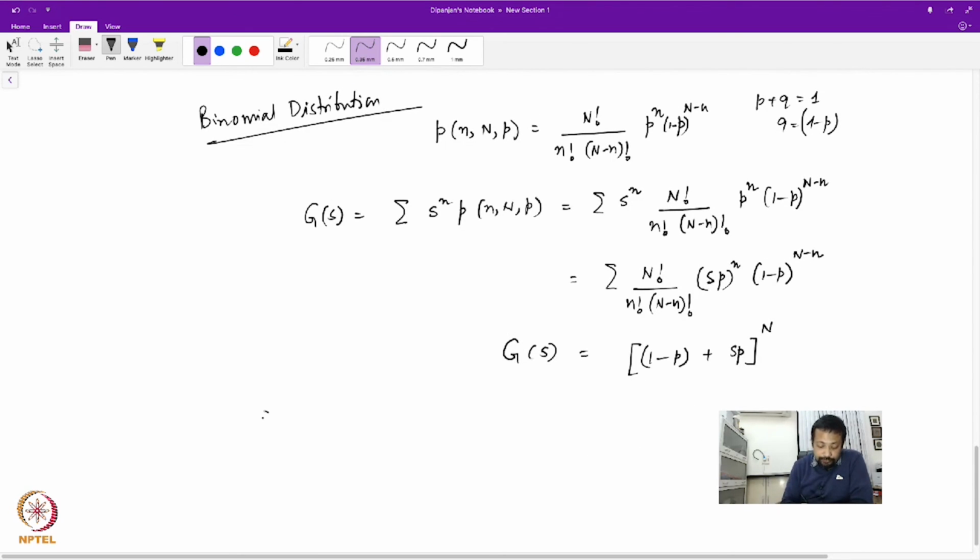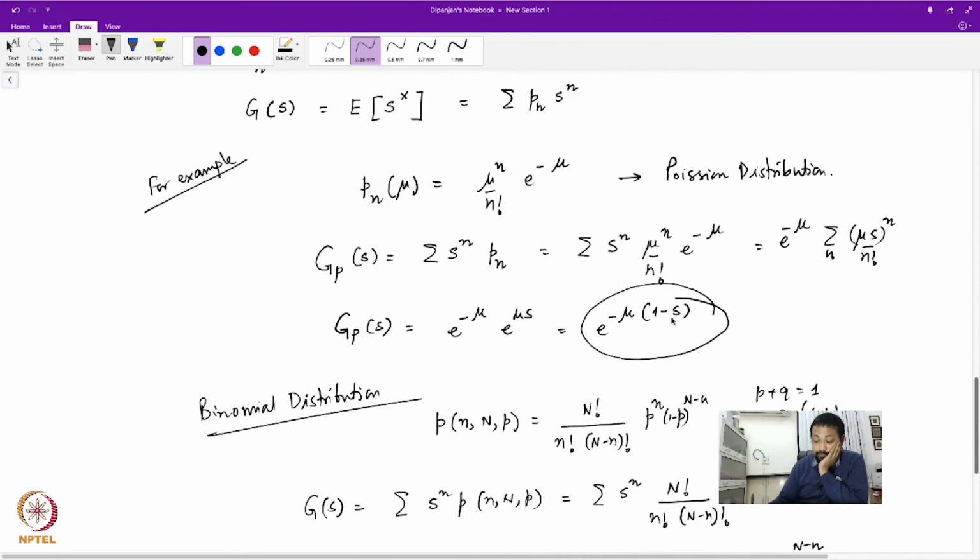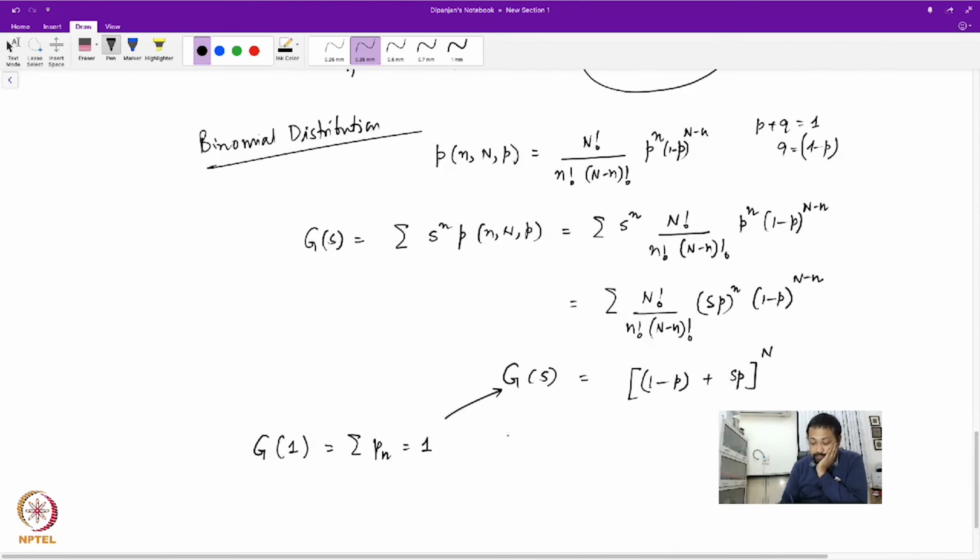It is also worthwhile to know that for any random variable, g of 1 is the sum over P_n, which must be equal to 1. So for example, here also if you substitute s equal to 1, you will get 1. In the former example also, if you substitute s equal to 1, you are going to get 1. And that is the normalization.